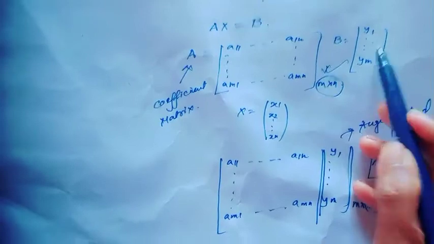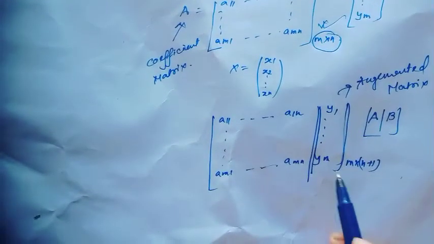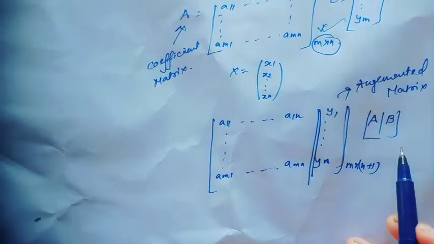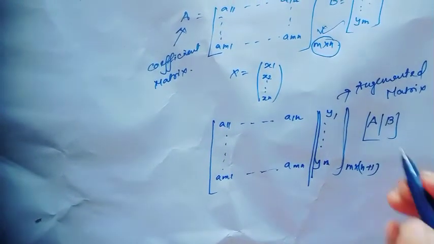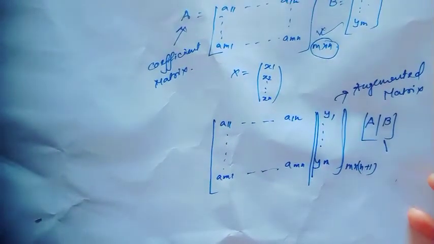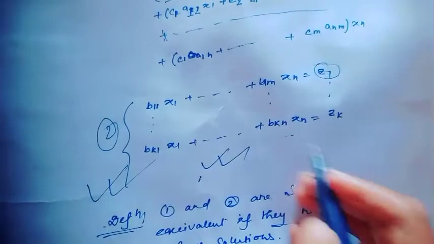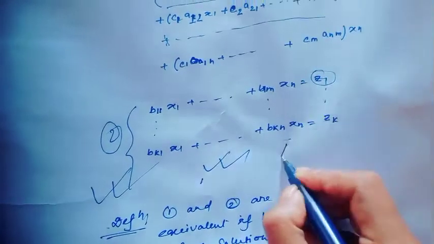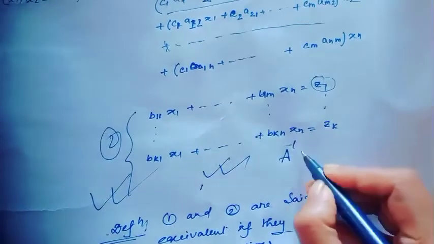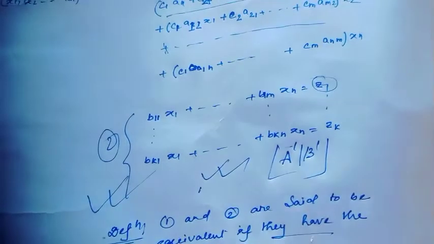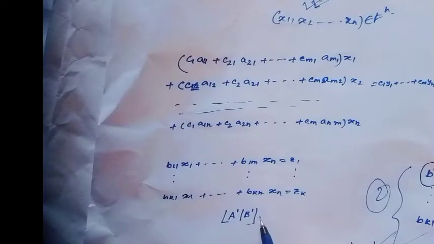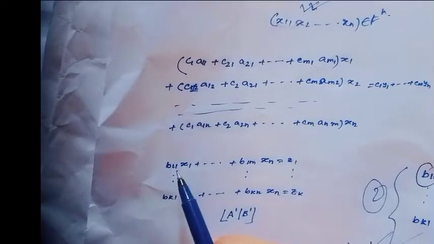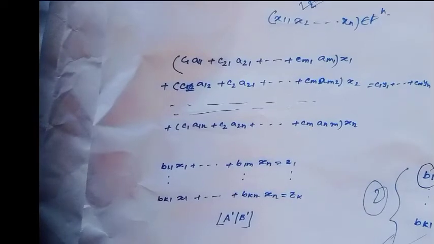Now we combine this column here, and all of us know this is the augmented matrix, which is of order m cross n plus 1. Constructing it in a similar way for the new system, the augmented matrix would be of the type A dash B dash. Obviously this augmented matrix would be different, because here B11 means the linear combination of the original matrix.